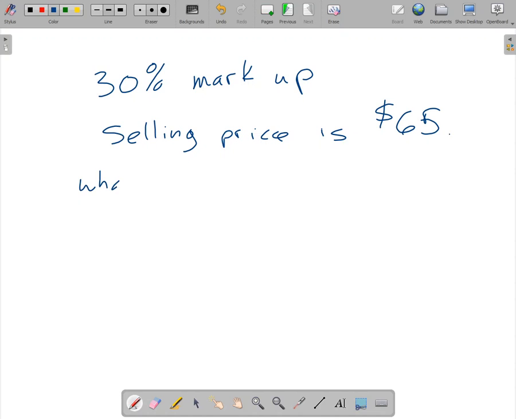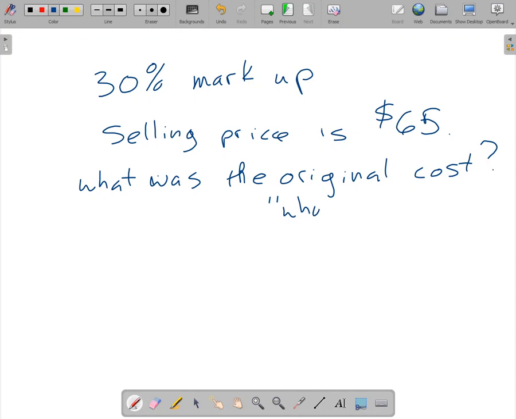The question then would be, what is, or was, excuse me, the original price? Let's call it cost. The original cost is often called the wholesale cost.